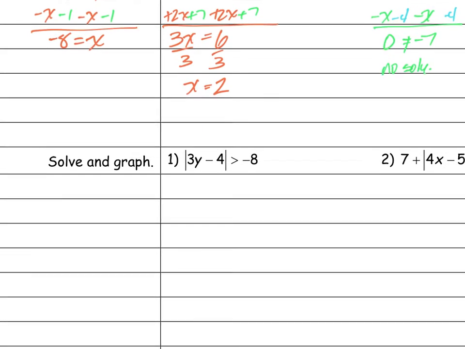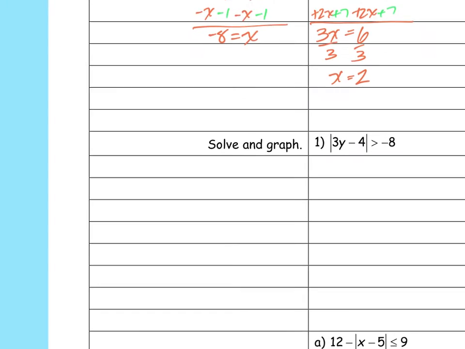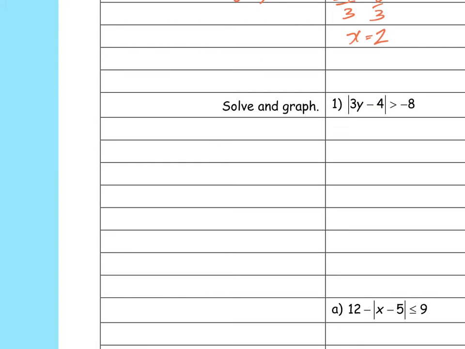Okay, so remember our definitions. This is where we need to have our definitions. I'll write them over here. If I have the absolute value of x is less than p, that means I'm going to solve negative p is less than x is less than p.